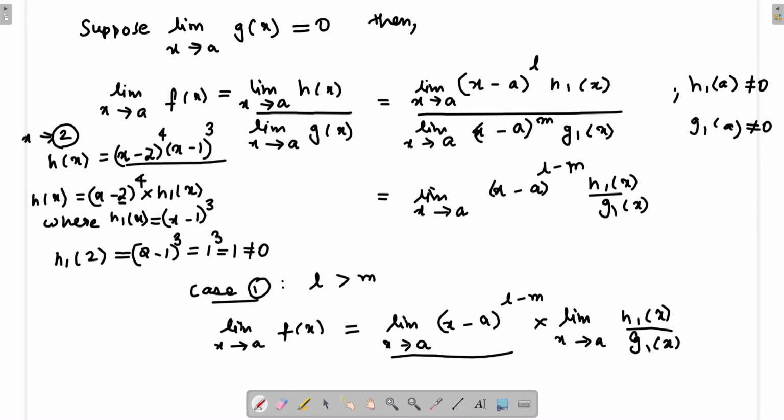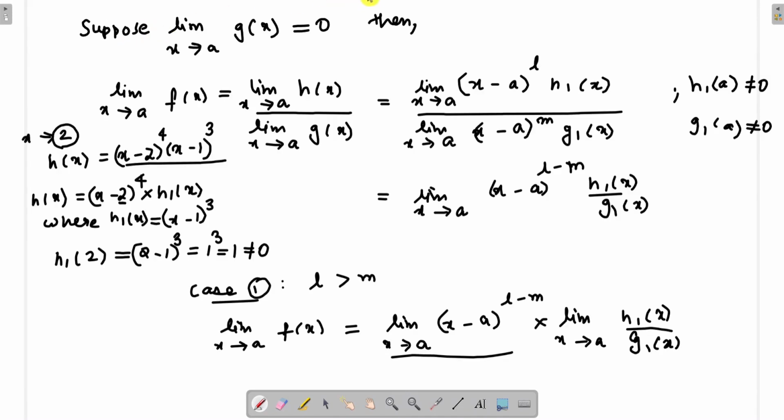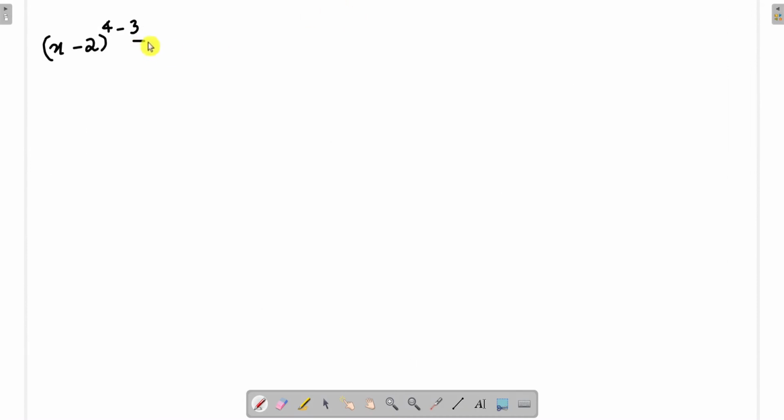So for that we will look at the same example that we have taken. So (x minus 2) if it is there, and we have l minus m as 4 minus 3. Okay, so here we will have (x minus 2) raised to 1, right?